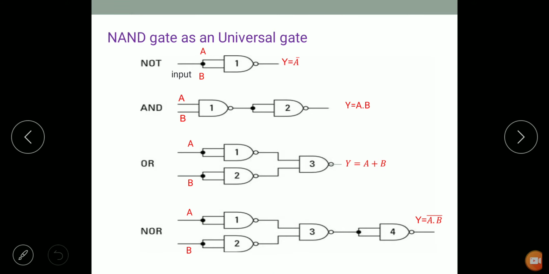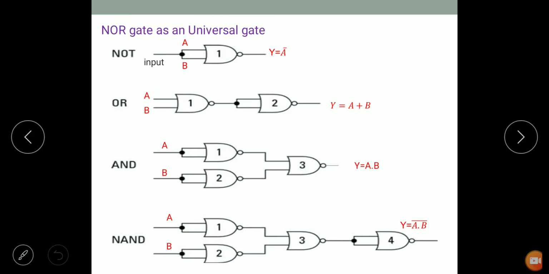Now next is using the NOR gate as a universal gate. Similar to before, instead of the NAND gate we use the NOR gate, and we short circuit both the inputs. So A is equal to B here. This is nothing but the NOT operation.